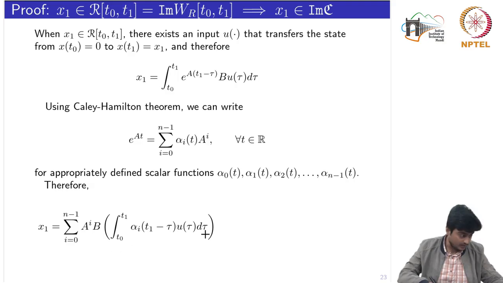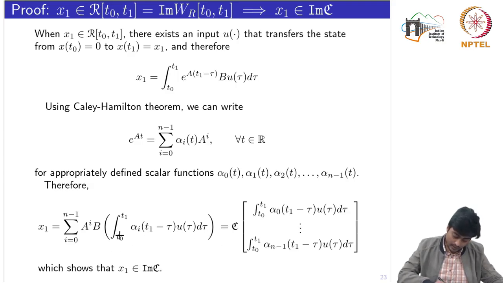Now see that if I open this summation, this whole part, A to the power i times B, would appear as the controllability matrix, and the remaining terms become a vector of these alpha functions. I just wrote this summation in the form of a matrix.